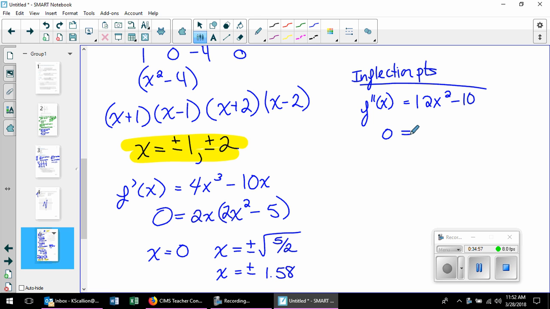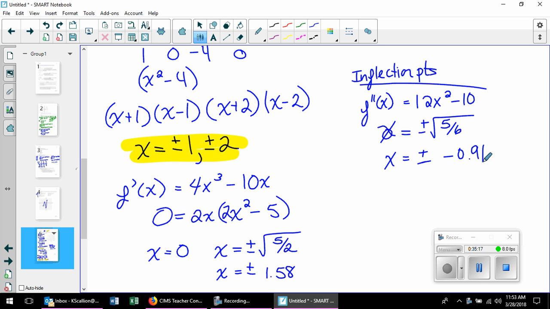There's going to be 2 of them, and that would be plus or minus the square root of 5 over 6. Sorry, x equal to that. So x is equal to plus or minus 0.91.